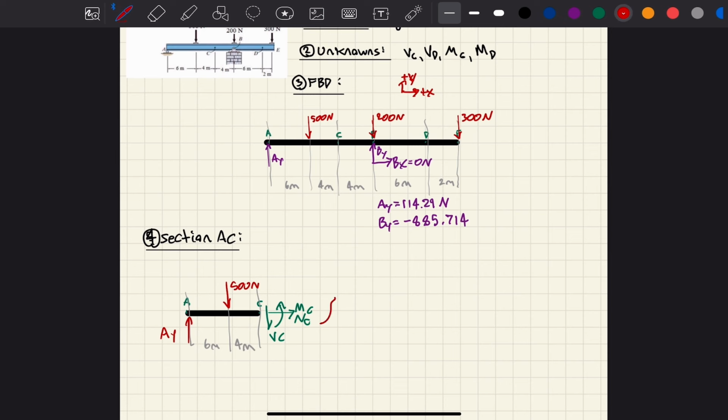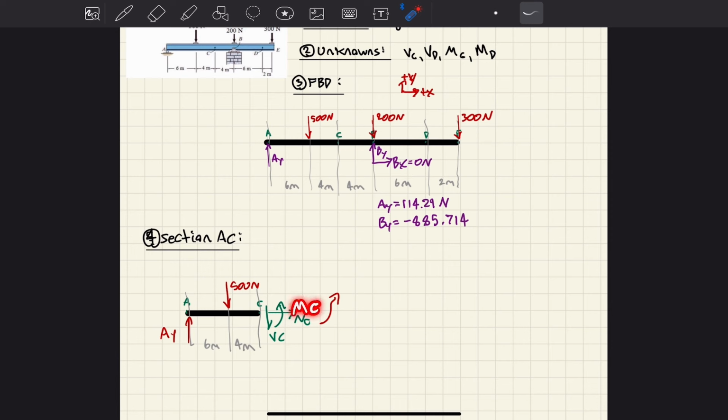What happens when I take a moment sum about point C? This force is going to cause a counterclockwise moment, so normally positive. I'm going to have AY, which is going to cause a clockwise moment. And I also have MC, which I assumed counterclockwise.